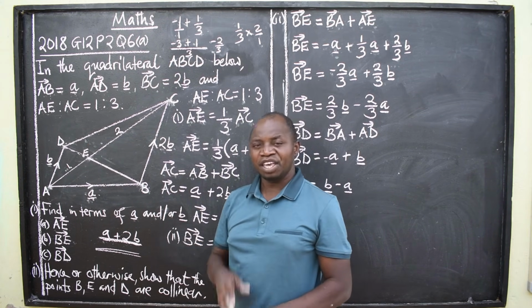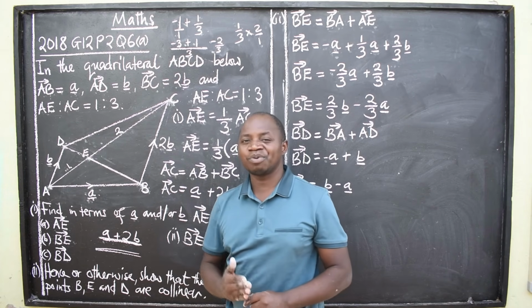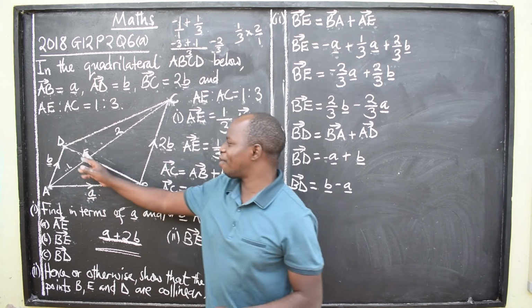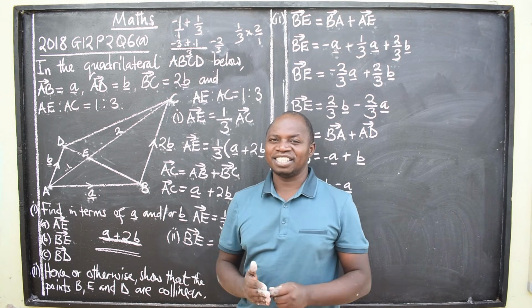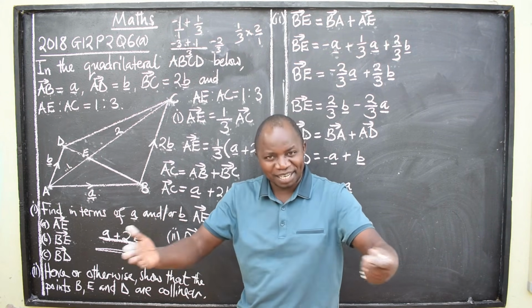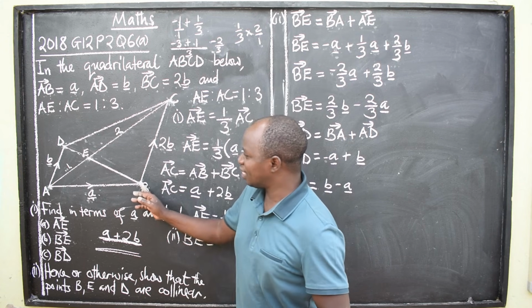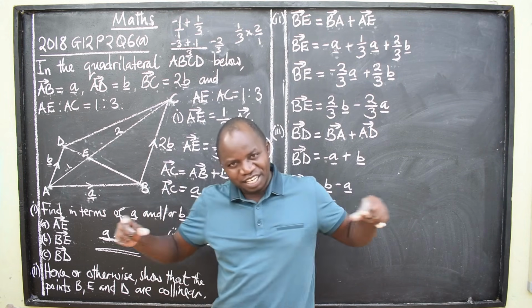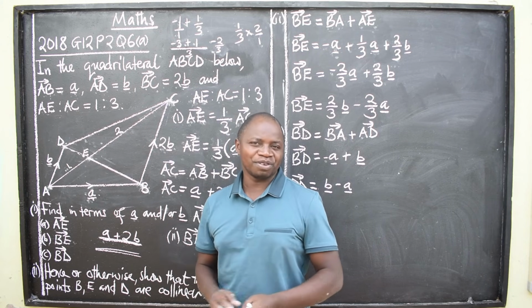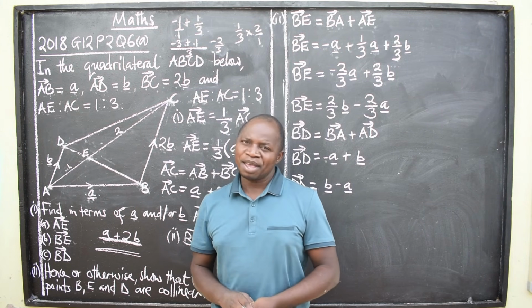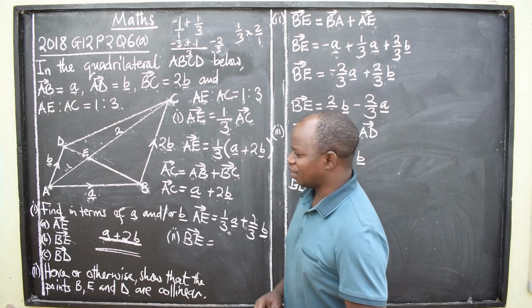If we are able to show that, then we conclude that the 3 points are collinear. The question is, how do you show it mathematically? There are different methods that you can use, but I feel this method is okay.